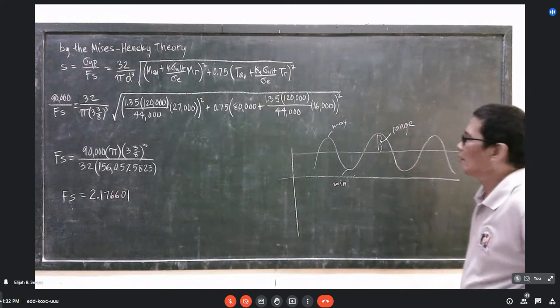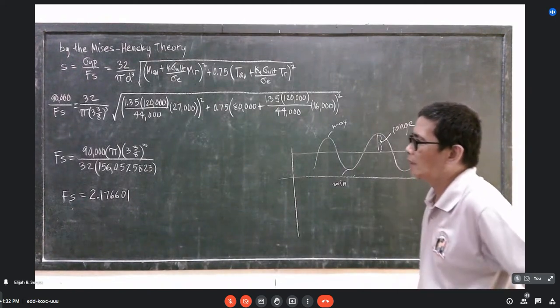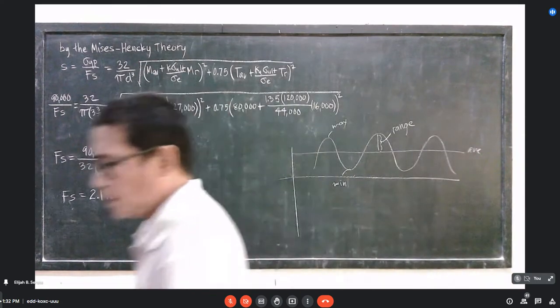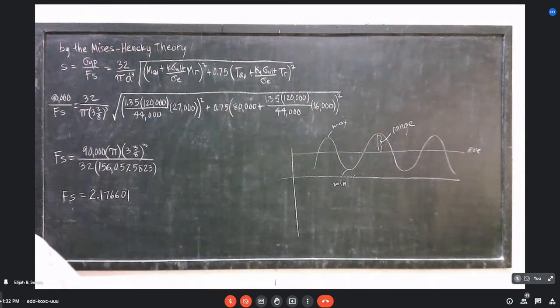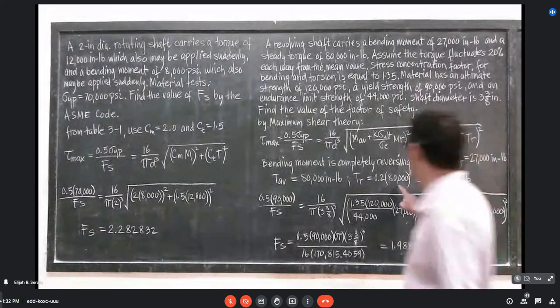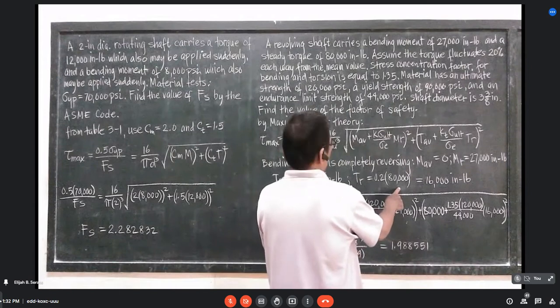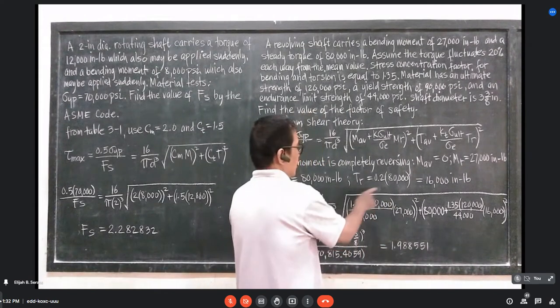So we have 16,000 fluctuation from the steady 80,000.